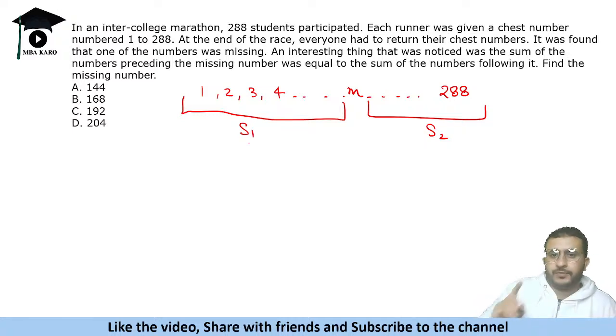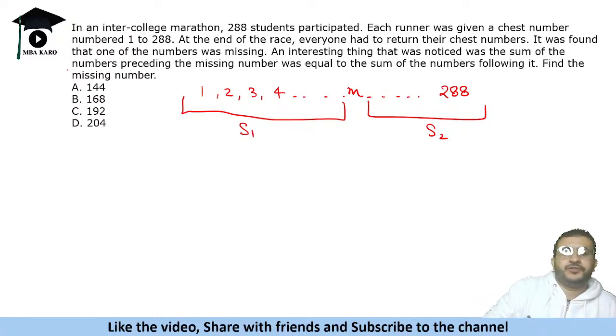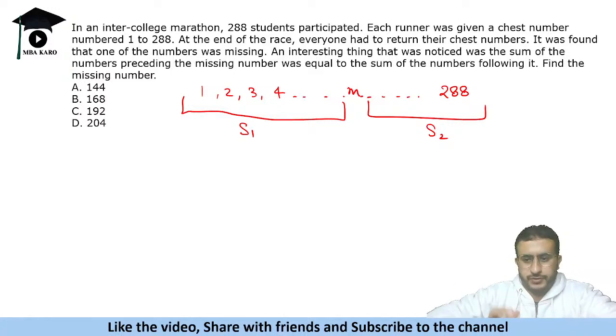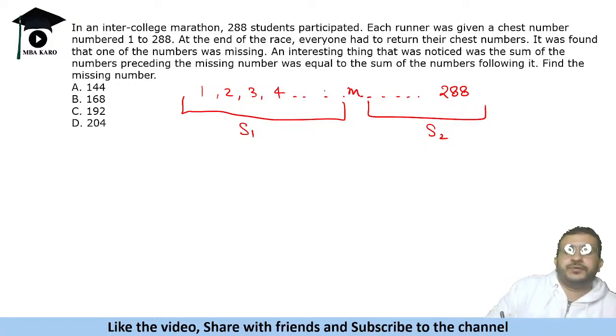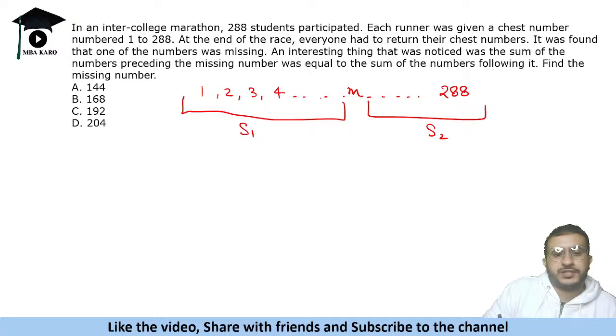Okay, now we need to find the missing number. So one way is to go by options. Okay. Another thing is, see what is the sum of first n natural numbers. Sum of first n natural numbers is n into n plus 1 by 2. Okay. So यहाँ से let us say the number is till n.